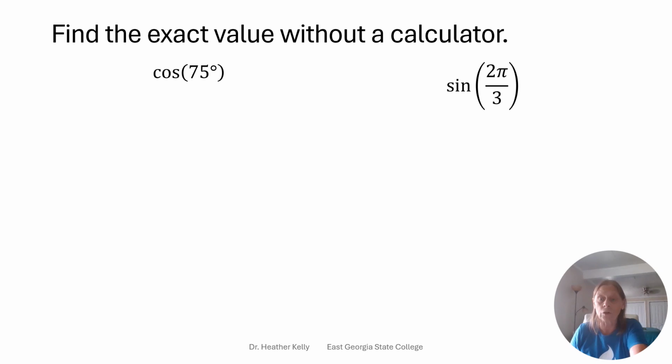I am going to start the example with some degrees here, and it asks us to find the exact value without a calculator. And so you have a couple of things to decide here. Are we looking for the sum or the difference? So you can think about it a whole bunch of different ways. I always start with my reference angles, right? And let's just remember what our reference angles are.